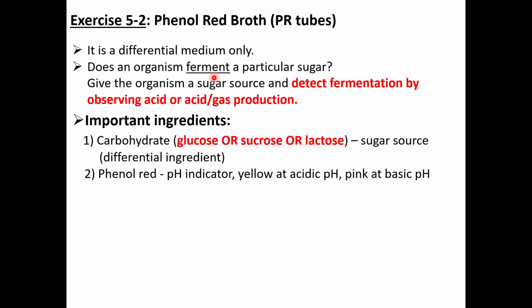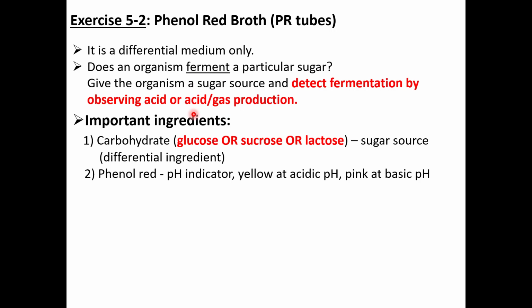So with the fermentation of sugar, we may see acid production only, because it changes the pH of the media, which means that the pH drops, so we see a color change. Or we can see a combination of acid production and gas formation, so we can see both as well.